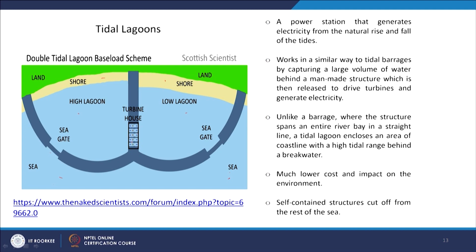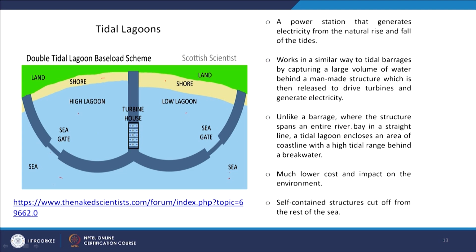So, this is a power station that generates electricity from the natural rise and fall of the tides. It works in a similar way to tidal barrages by capturing a large volume of water behind a man-made structure, as shown here, which is then released to drive turbines and generate electricity.